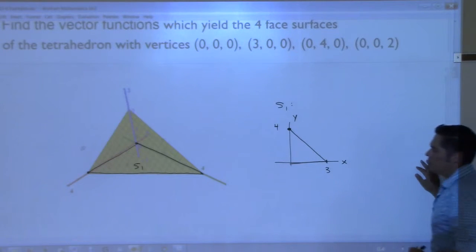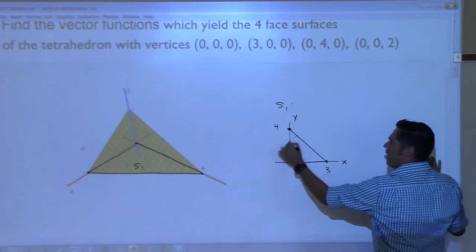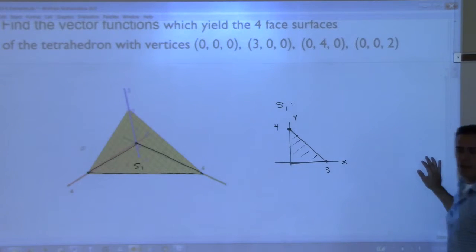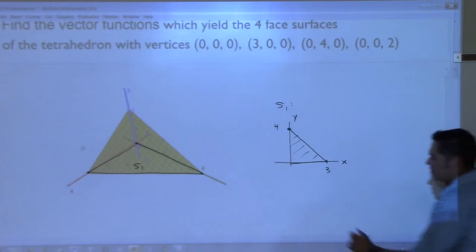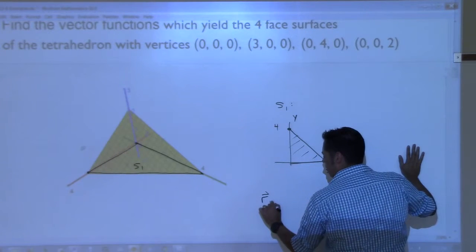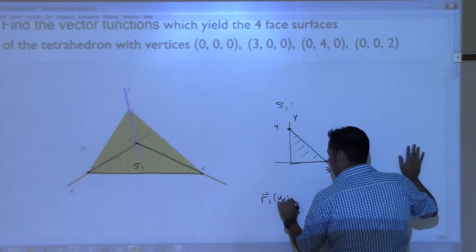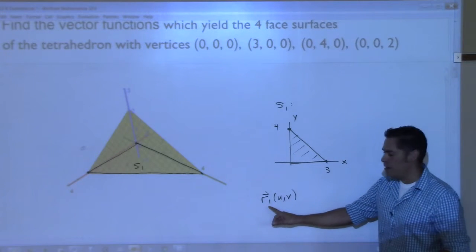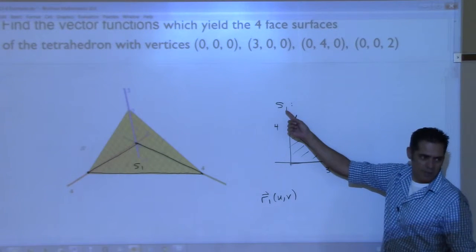We want to be able to draw everything in here, and I want to be able to do it with some surface vector function. So I'm going to call it r sub 1 of u, v because I'm doing surface 1.